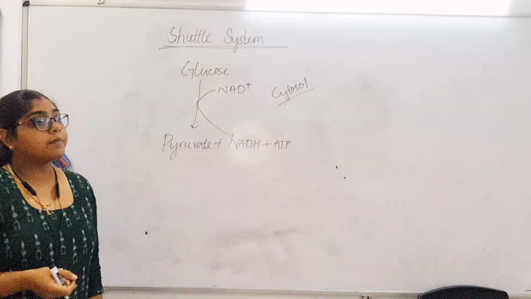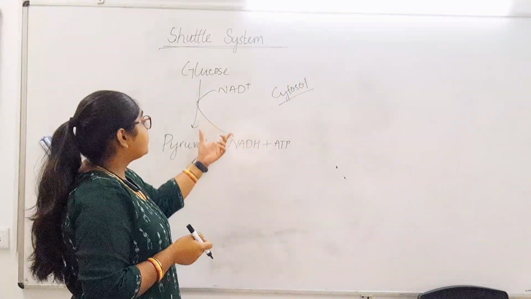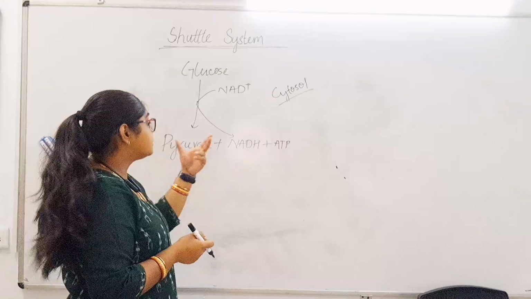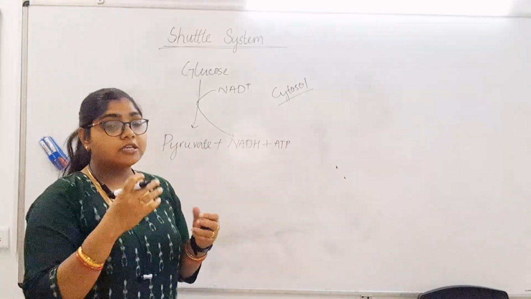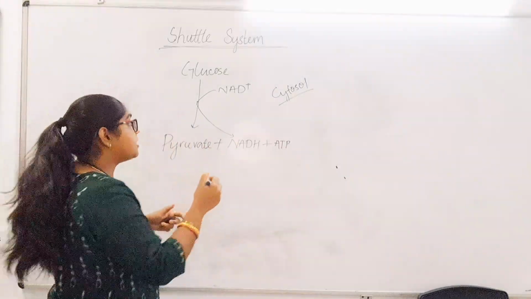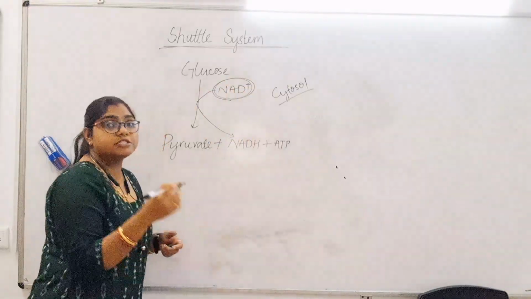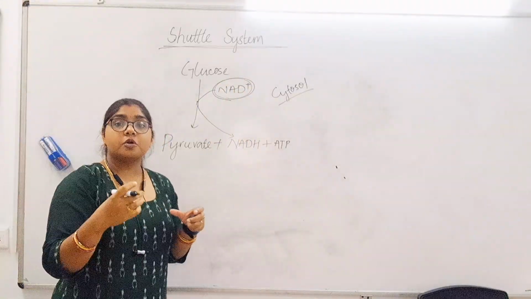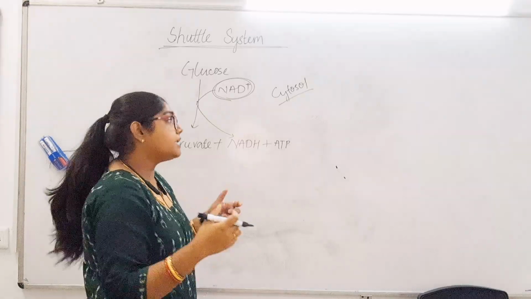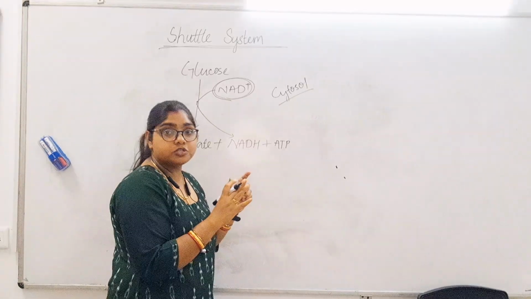So here what happens, when the NADH is generated, a supply of NAD plus is required to continue the process of glycolysis. Okay, NAD plus is required continuously for the process to go on.